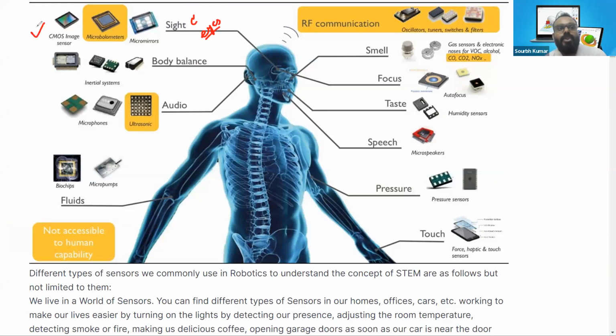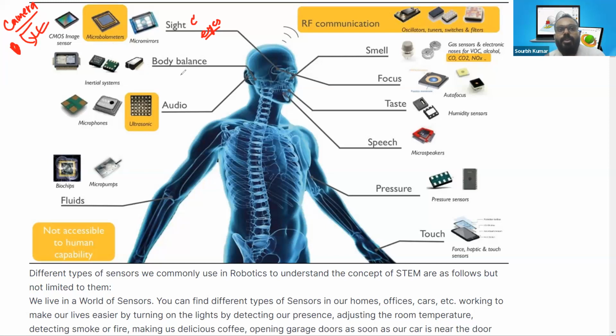In robotics we have the CMOS image sensor, or we call it a camera in general terms. So a camera has a CMOS sensor inside, which detects the presence of any body in front of it, or basically it sends the visual data to the microcontroller to further process and generate the output.